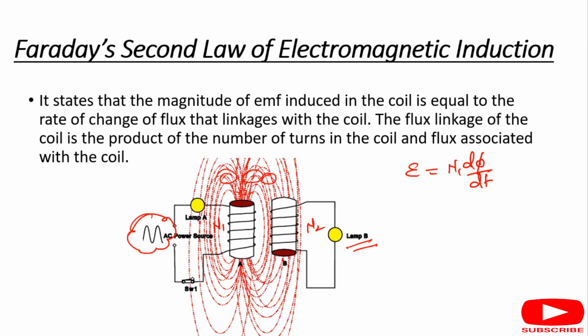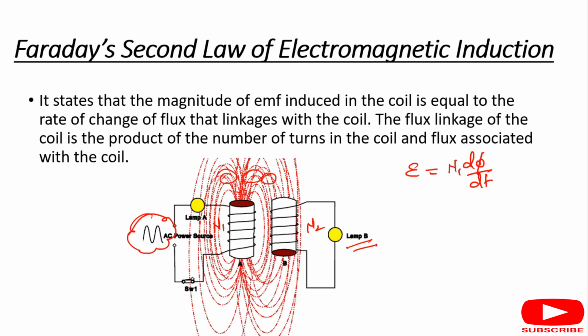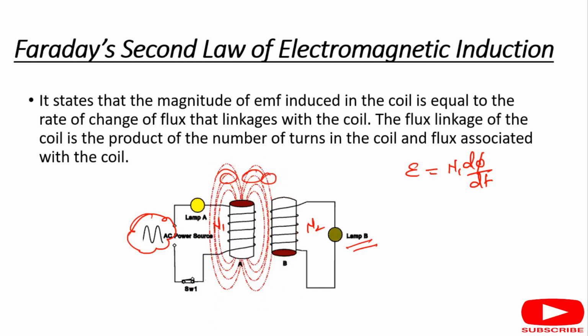When magnetic lines of force do not link in coil B, at that time lamp B will not work. When the magnetic lines of force, or the rate of change of flux with respect to time, are linked in coil B, at that time lamp B will turn on.